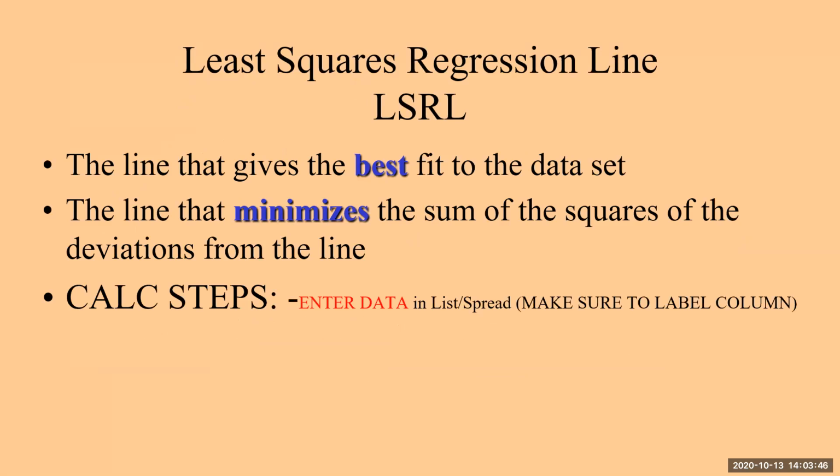I'll show you an example in a minute. You enter your data in your lists and spreadsheets. You click menu, statistics, and linear regression, always mx plus b. Your output will then give you your m equals to plug in your slope, and your b equals to plug in your y-intercept.